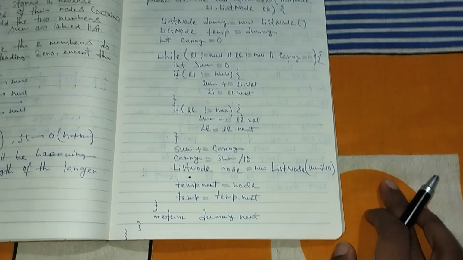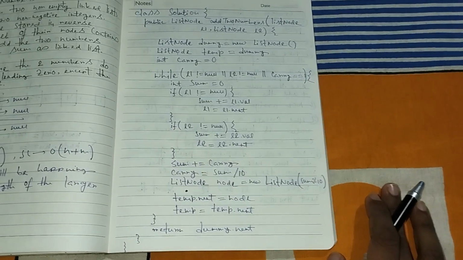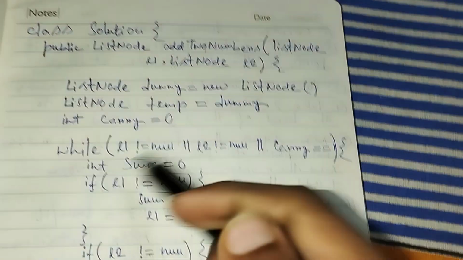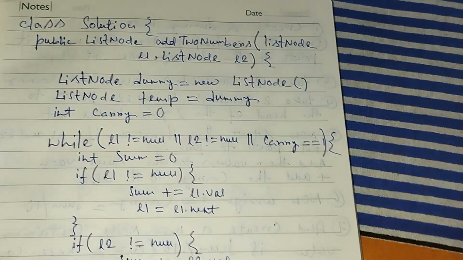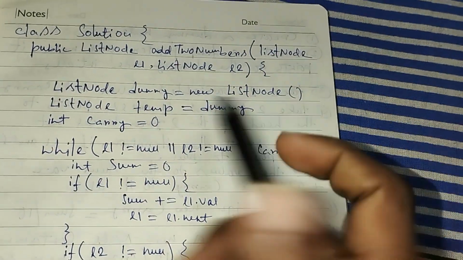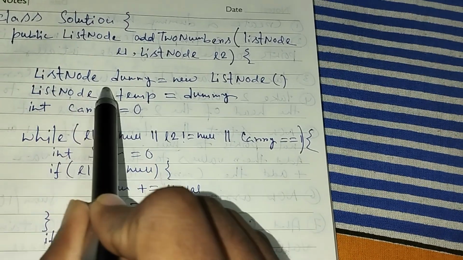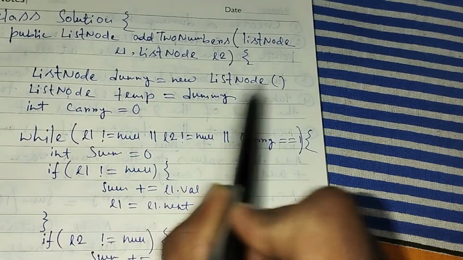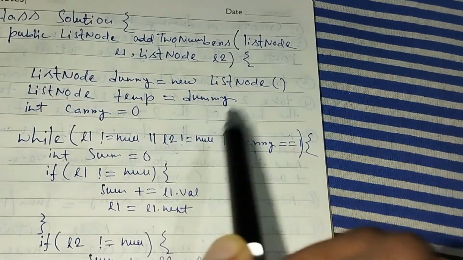So this is the actual code solution for the question we have discussed right now, Add Two Numbers. Let us understand each line very clearly. We create a function which gets two parameters, the heads of the linked lists, L1 and L2, and as we discussed, we create a dummy node and a temp pointer which points to the dummy node.